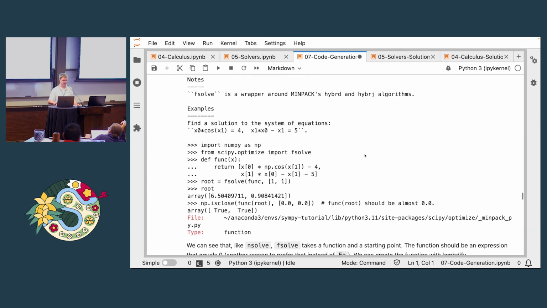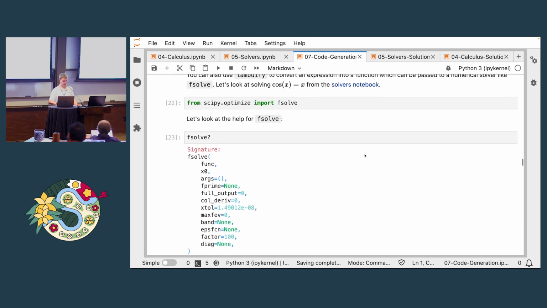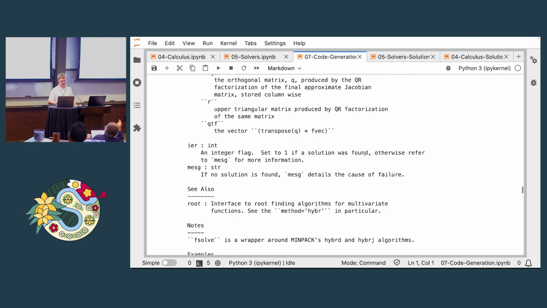fsolve is coming from SciPy. So fsolve is a numerical function. fsolve itself does not know anything about SymPy. Let me just show you.